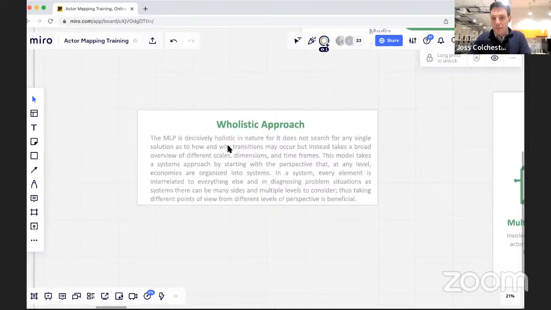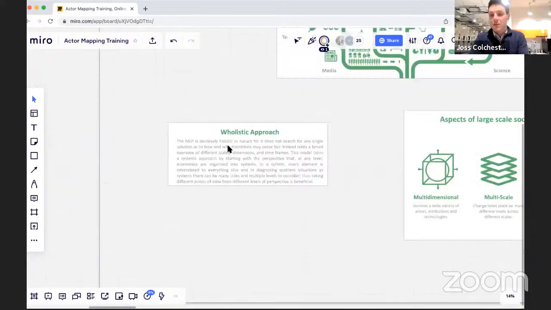In the system, every element is interrelated to everything else. And in diagnosing problem situations as systems, there could be many sides and multiple levels to consider. Thus, taking different points of view from different levels of perspective is beneficial.